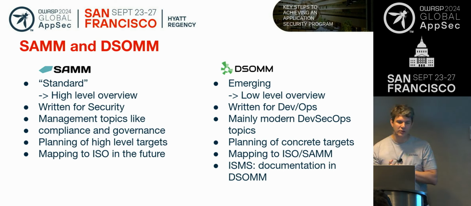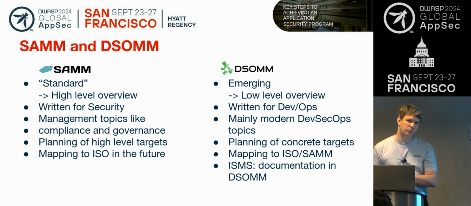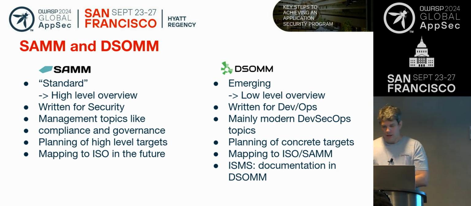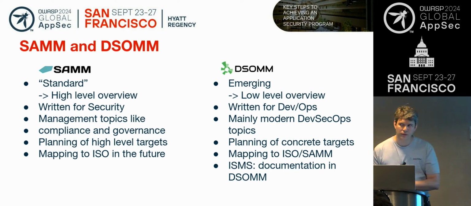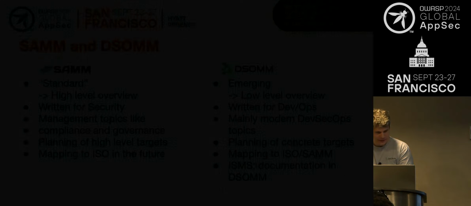So you can use SOMM to talk about the budget, but then when it comes into implementing things, planning activities, then I use DSOMM in order to communicate where are we right now and where do we want to go. Yeah, often. So far 4 times, customers came to me and said, hey, Timo, we have a SOMM assessment here. What should we do, right? And then DSOMM comes into place.